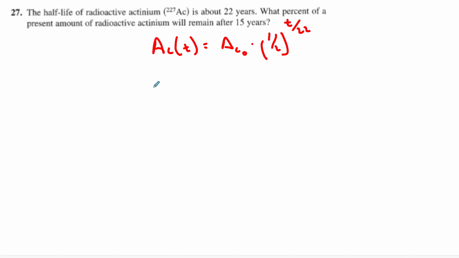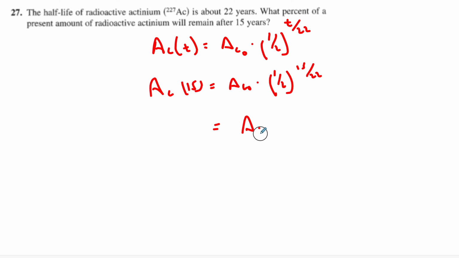So we could plug in 15, which equals our initial amount of actinium times what? Well, 1/2 to the 15 divided by 22 is 0.623. 0.623 of this.